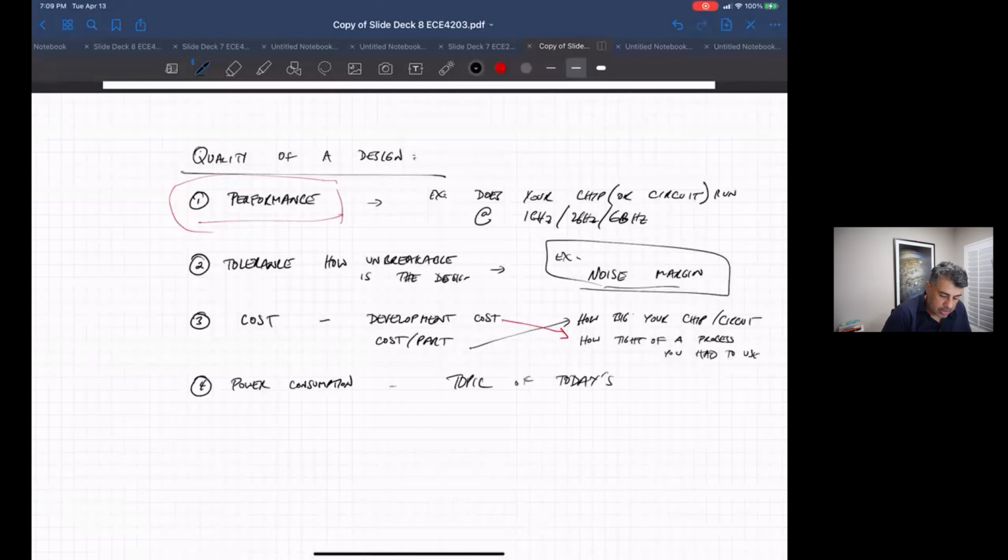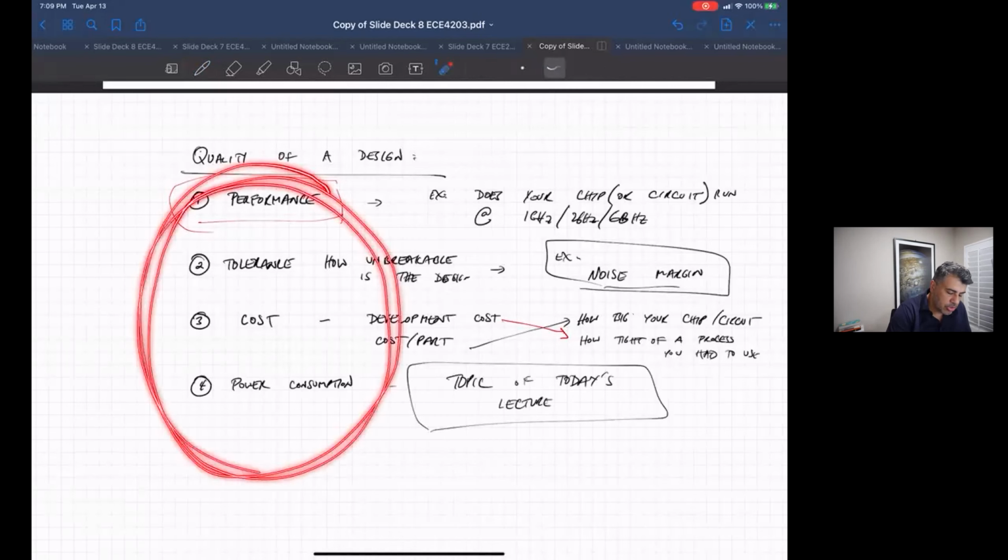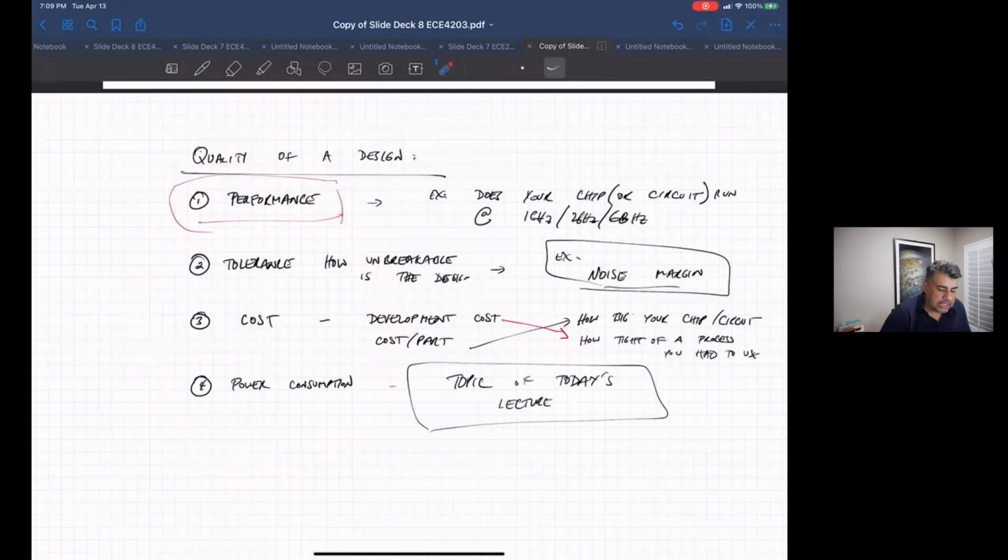But in one way or another, everything we talk about in this class is kind of circling around these four issues, I think, generally. And they're a lot of times trade-offs against each other.